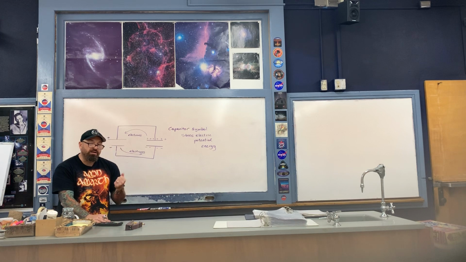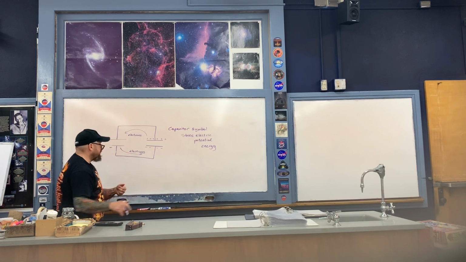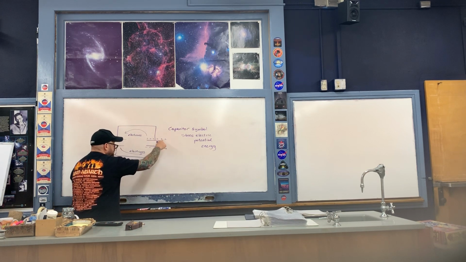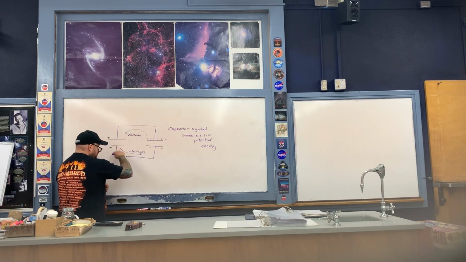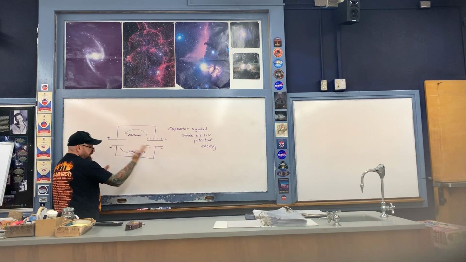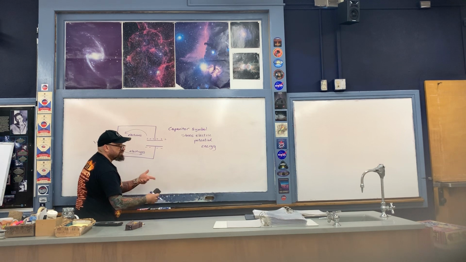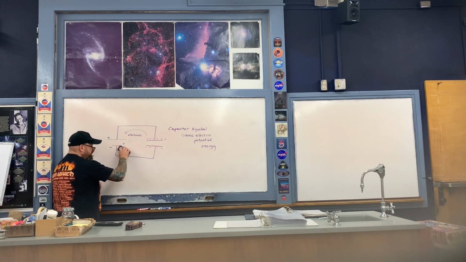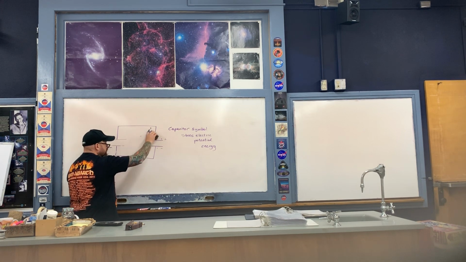Just think of this complicated looking diagram here as two pieces of metal. Here's a piece of metal here, and it's all at the same potential. Here's a piece of metal here, and it's all at the same potential. So the flow of electrons stops when both pieces of metal become equipotential surfaces.